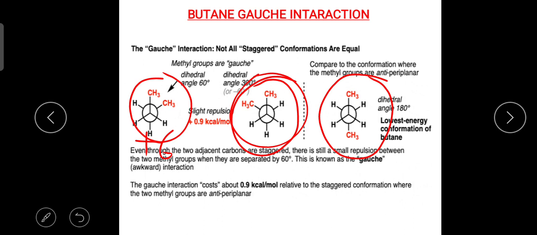This energy occurs due to the steric repulsion between two methyl groups. Therefore, this interaction is known as butane gauche interaction. This is very important, butane gauche interactions.